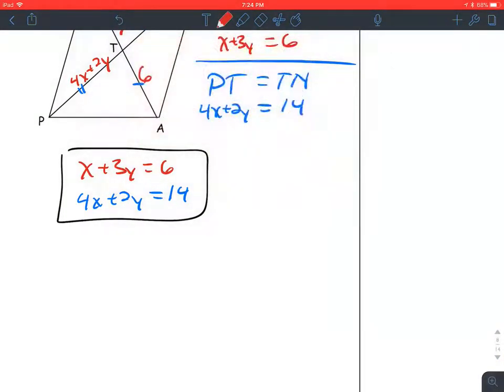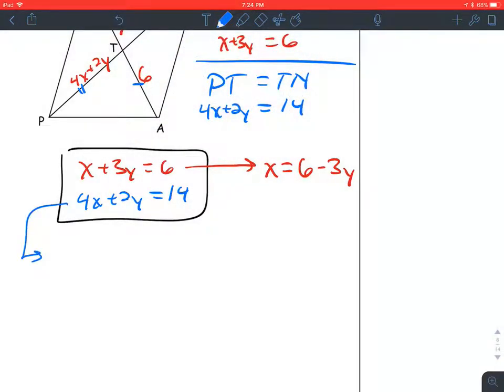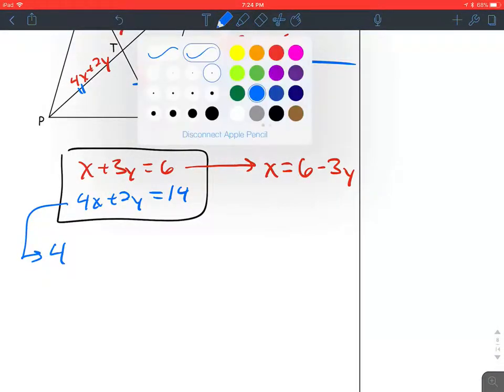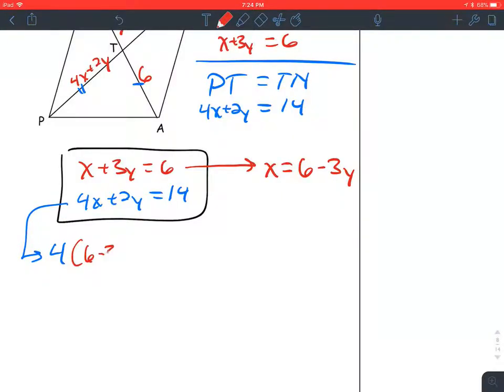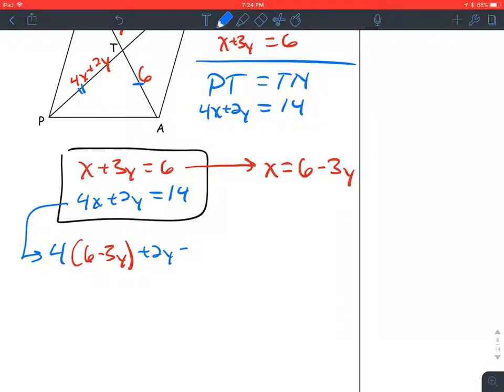Get one of the variables by itself in one of the equations. Getting x by itself is going to be pretty easy in this red equation. I'm going to take my blue equation and I'm going to replace the x in it with a 6 minus 3y, because that's what it's equal to. Distribute the 4 using the distributive property.